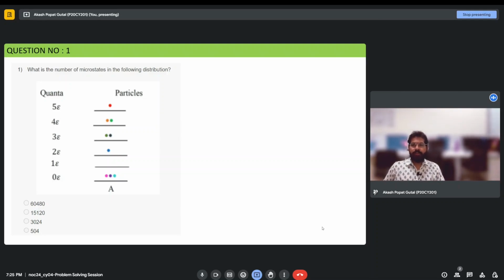The same formula that we have discussed, the number of microstates, n factorial divided by n1 factorial into n2 factorial into n3 factorial up to nr factorial. Same formula we need to use.